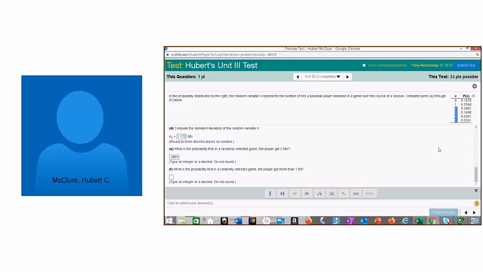Or I'm going to take the 2 probabilities at the top and subtract them from 1. So that's going to be 0.1675 plus 0.3344. Add those 2 together.